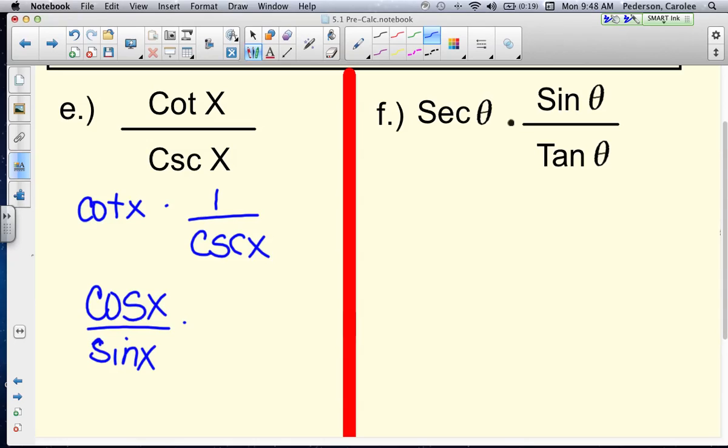Reciprocate that? Yep. 1 over cosecant of x, the reciprocal identity says that is the sine of x. Now what can we do? What can we cancel? Cancel some sine of x. So then our expression is the cosine of x.